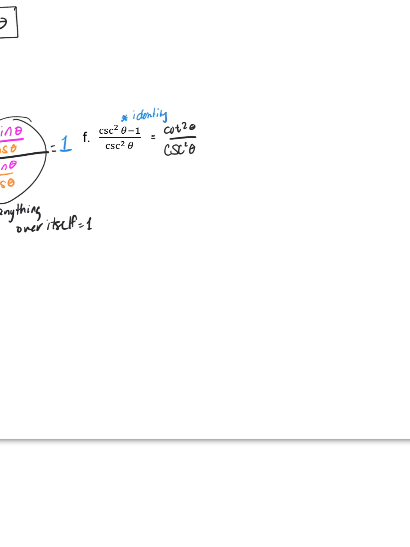Okay, so both of those are not in terms of sine or cosine, so I'm going to change the numerator and the denominator. All right, so cotangent squared theta is equal to cosine squared theta divided by sine squared theta. And then we're all over the big fraction bar there. And then cosecant squared theta is 1 over sine squared theta.